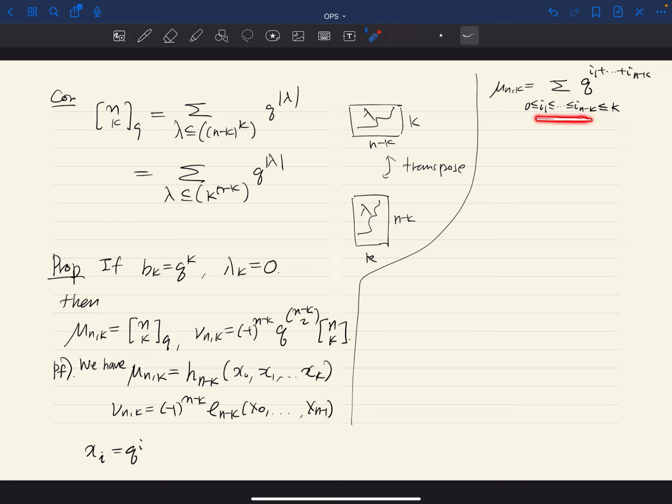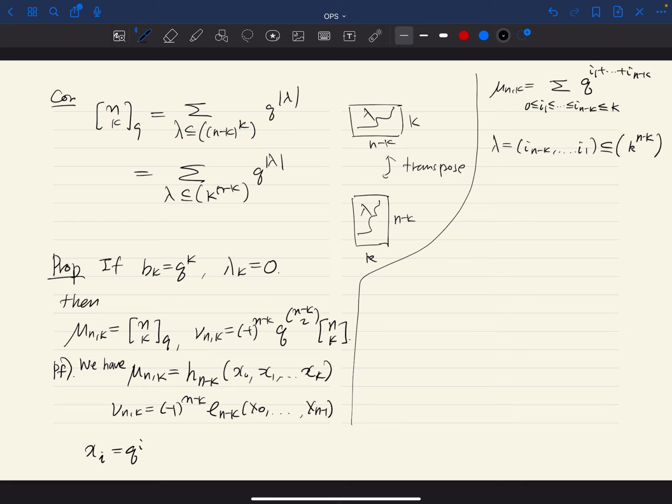Increasing, or if you read this way as a partition, if you read backward, the weakly decreasing sequence is a partition. So we can rewrite this in the following way. Sum over this lambda 1. If you think about lambda 1, lambda equals i_{n-k} ... i_1, this is a partition contained in, where the maximum size is k, so k to the number of parts n minus k.